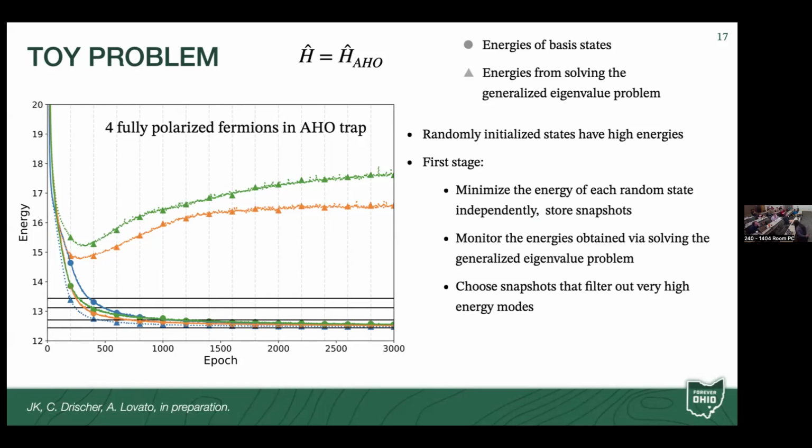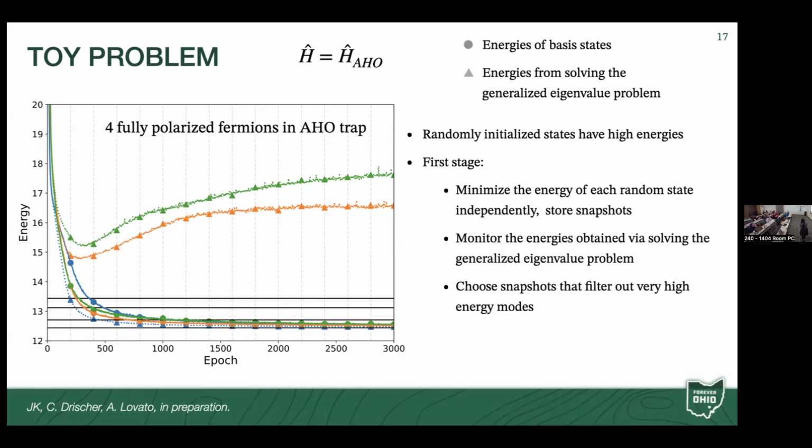After we do some kind of independent propagation of all of these states, at each iteration I'm also monitoring the energy as if I were to solve the generalized eigenvalue problem with the states that I had at that iteration.